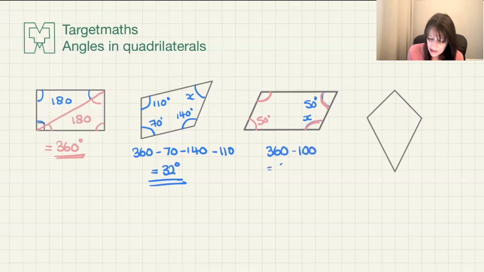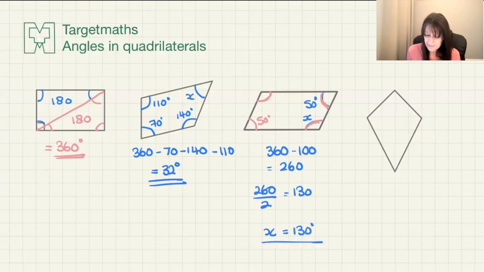So that's going to give me 260. And then that needs to be shared out equally between the two angles that are left. So 260 divided by 2 is 130. So my X has to equal 130 degrees.